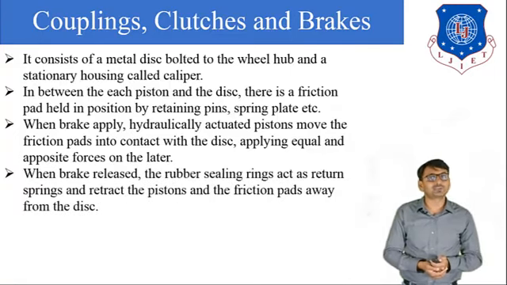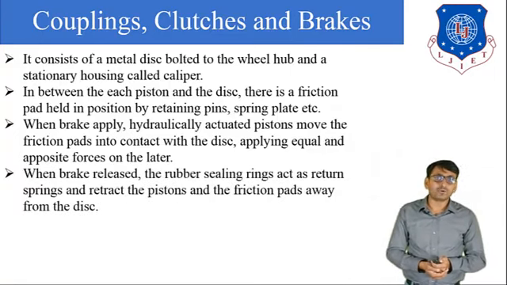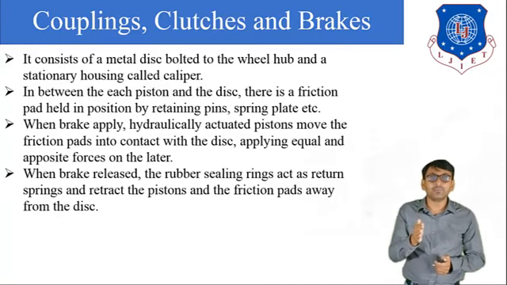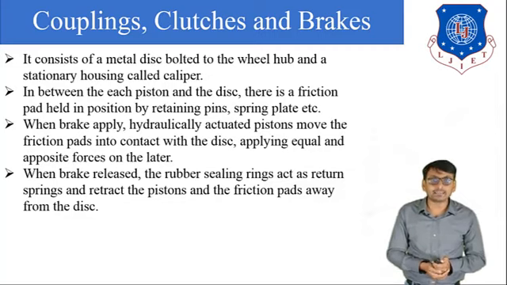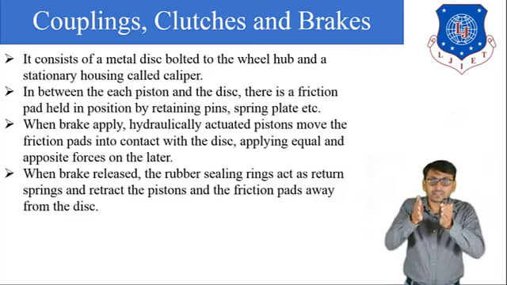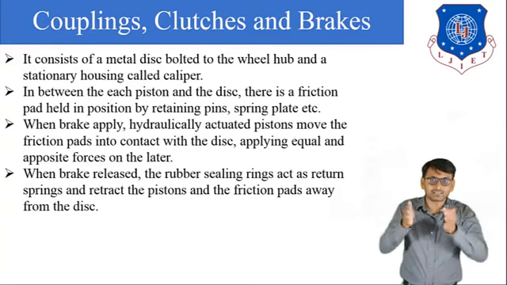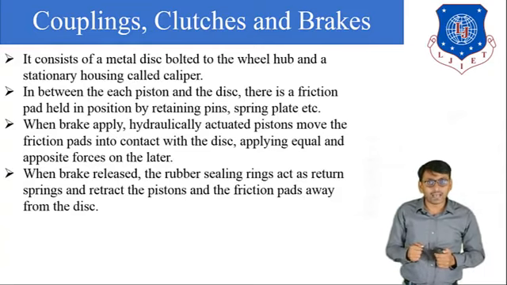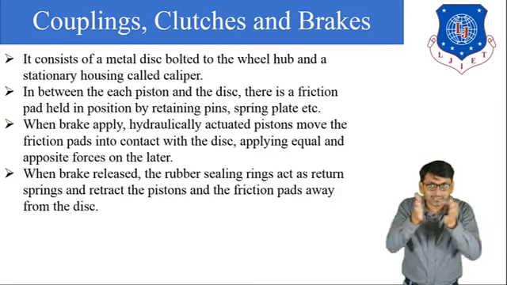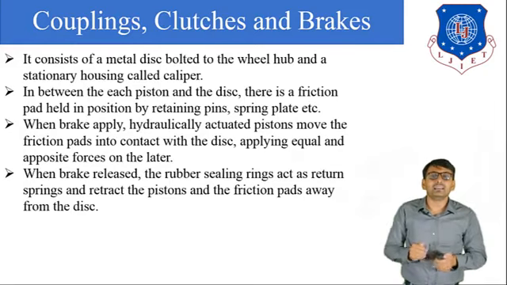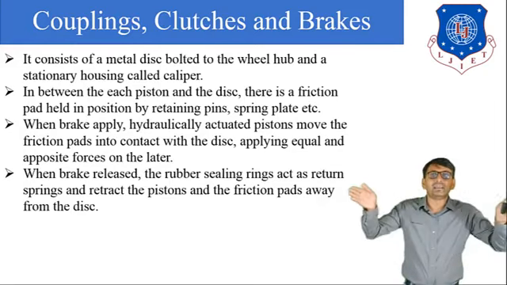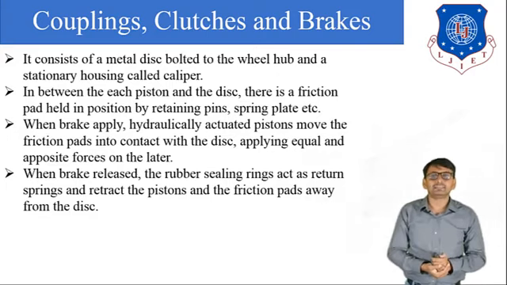So the rotation of the disc stops and the rotation of the wheel also stops, and when the brake is released, the rubber sealing ring acts as a return spring and retracts the piston and friction pad away from the disc. So when the brake is applied, the piston moves in this direction, inward, and when the brake is released, it moves in the away direction. So this is about the disc brake.